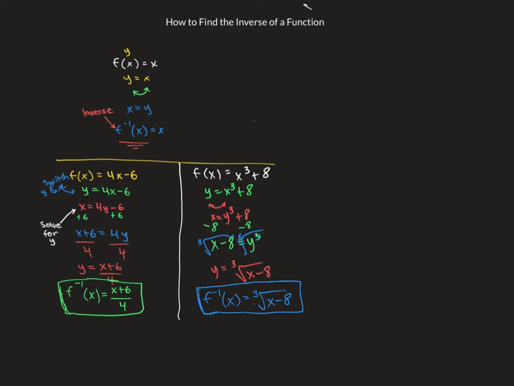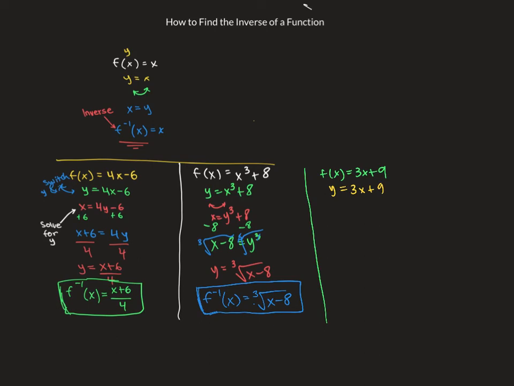So now let's look at one final example. Let's take the example f of x is equal to 3x plus 9. Now, we set up our equation, so y is equal to 3x plus 9.